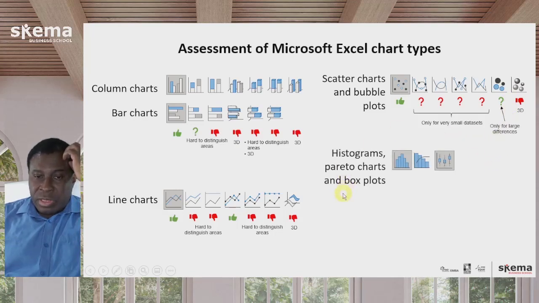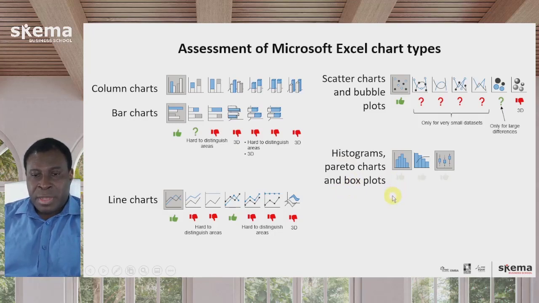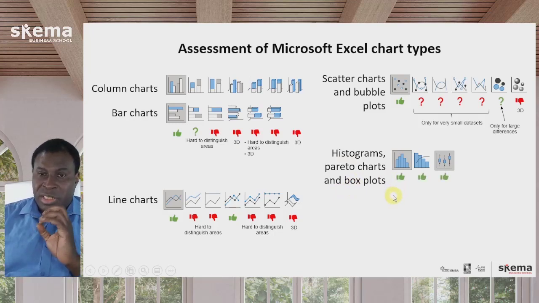Another family of charts are histograms, Pareto charts, and box plots. And these are all specialized charts that are highly recommended for their purposes. Histograms are great for displaying the distribution of single variables. Pareto charts are one of the rare cases where you superimpose two chart types in a very effective way.